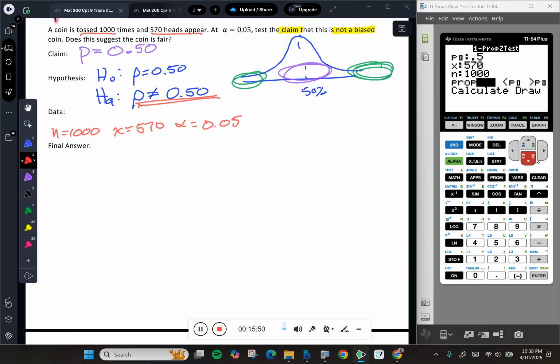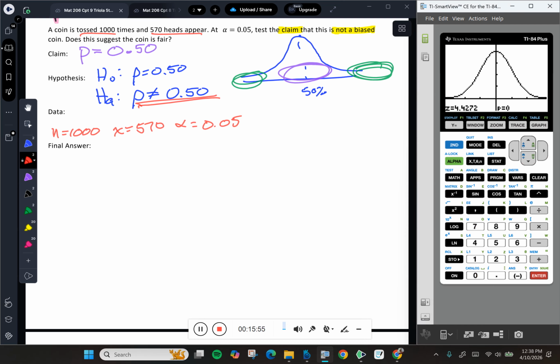What does Draw mean down here? If I were to draw this, essentially it's going to draw the normal distribution and show me the standardized test statistic at 4.42 and attempt to plot that. The challenge is, whoever programmed this assumes that you only want to see 3 above and 3 below the middle.